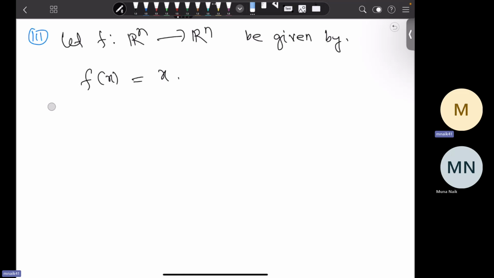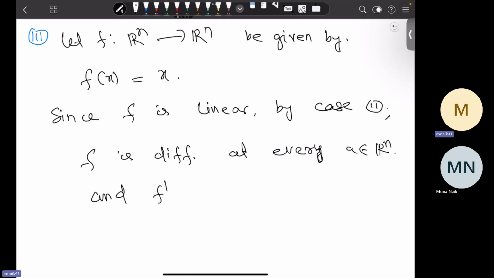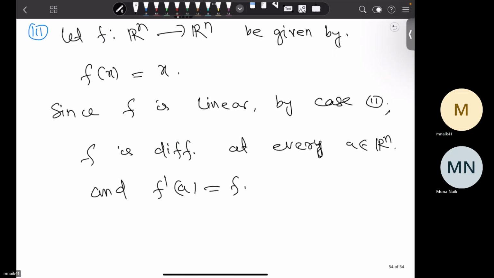Since f is linear, by the previous case, case 2, f is differentiable at every a belonging to R^n, and f prime of a is f. That's clear.